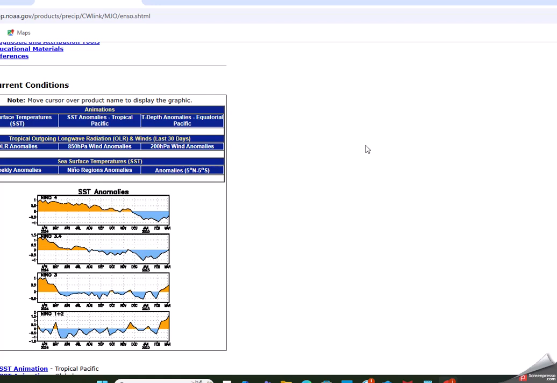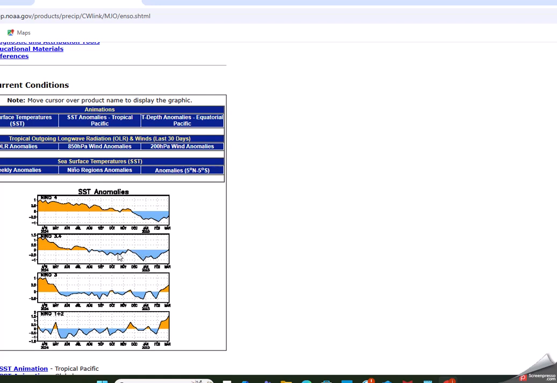You can look at SSTs here, anomalies. How much below normal or above normal? Notice to the left here is 0, which is normal. Here's -5, -1. You'll notice Nino 3.4 is the region we typically use to determine what we have in an El Nino or a La Nina.